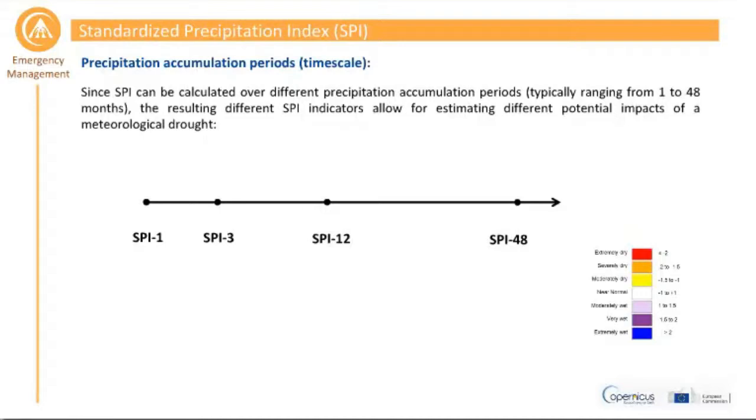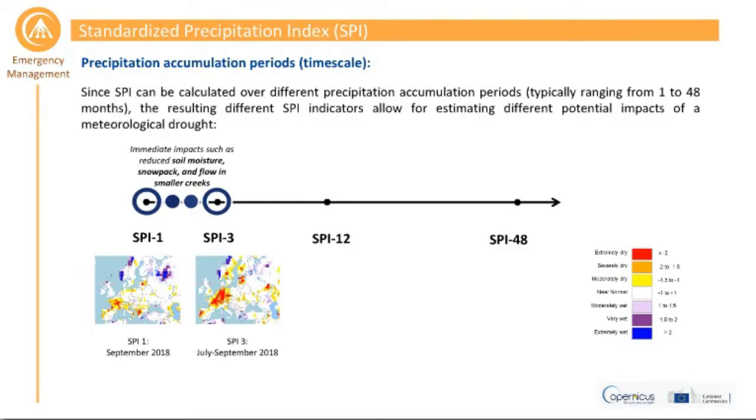Now, since SPI is calculated over different precipitation accumulation periods that typically range from 1 to 48 months, the resultant different SPI indicators allow estimating different potential impacts of meteorological drought. So, for example, when an SPI is computed for shorter accumulation periods, let's say between 1 and 3 months, it can be used as an indicator of immediate impacts, such as reduced soil moisture.